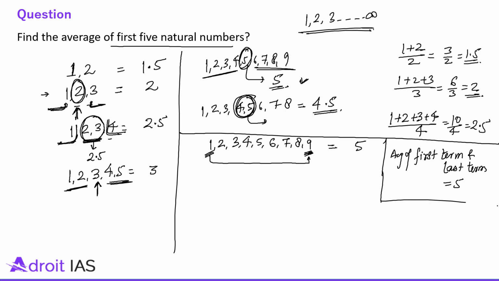Now the average of the second term and second last term is also 5. The average of the third term and third last term is also 5. So here it is very simple.